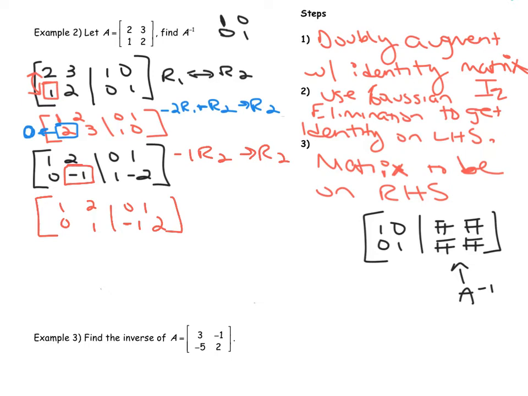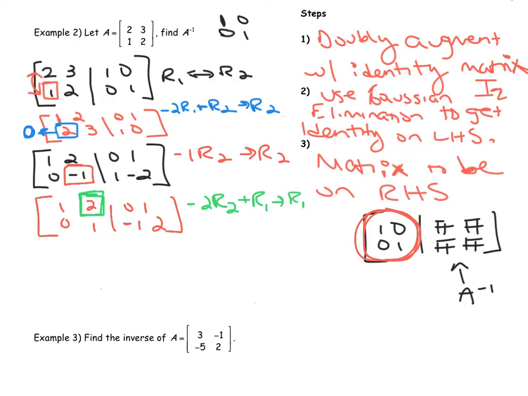Next piece, remember, we want our matrix on the left-hand side to look like this. So we are going to somehow have to change this 2 into a 0. Again, you can't multiply the whole first row by 0. That's not going to work. So what do I need to multiply the second row by, so that when I add it to the first, this 2 becomes a 0? Well, think. If I multiply the second row by -2 and I add it to the first row, I'll get my new first row.